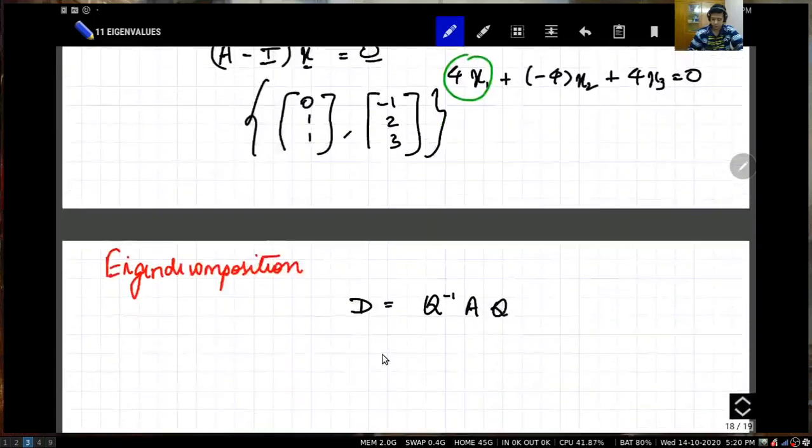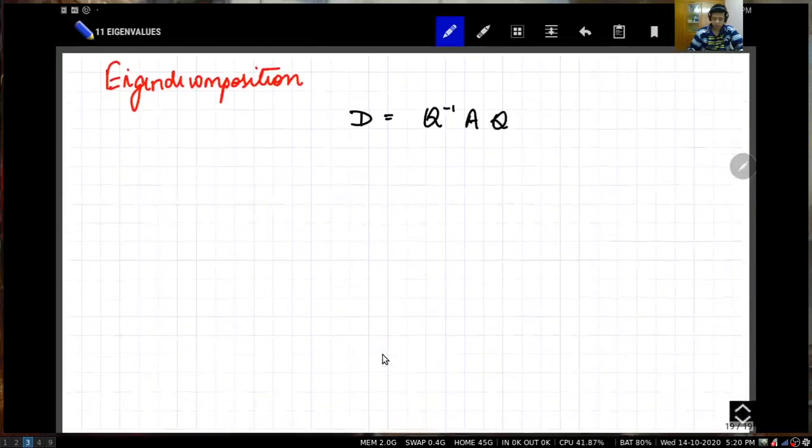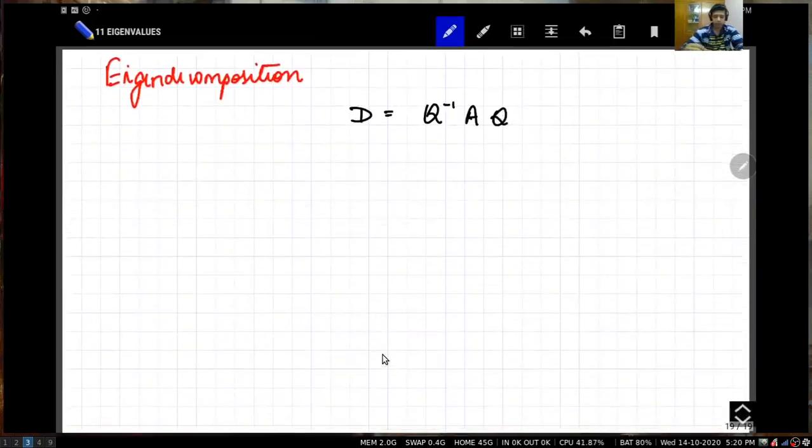Now that we have some idea of how we find the eigenvalues and eigenvectors, we also want to know how to decompose. Recall that in the last lecture I was talking about the eigendecomposition.